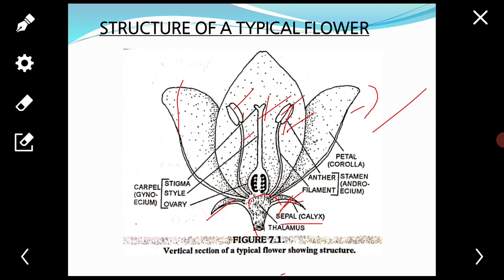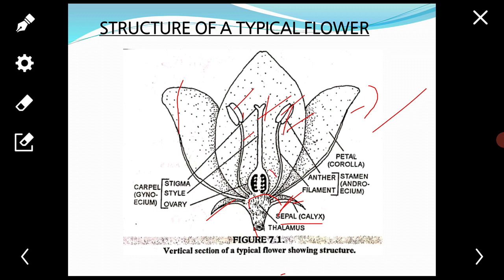Each carpel resembles a leaf in having 3 vascular traces. Gynoecium represents the female reproductive organ of the plant or the flower and consists of 3 distinct parts.